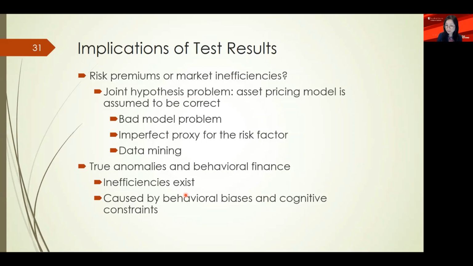They make mistakes, sometimes systematic mistakes that are predictable, which generates inefficiency and predictable return patterns. So if you can understand the behavioral biases and cognitive constraints of investors, and they repeat those mistakes in the future, you will be able to identify arbitrage opportunities and make abnormal profits. Of course, this comes with a lot of premises as well: limits of arbitrage, and we do have humans trading in the future, not machines trading in the future, and so on and so forth.